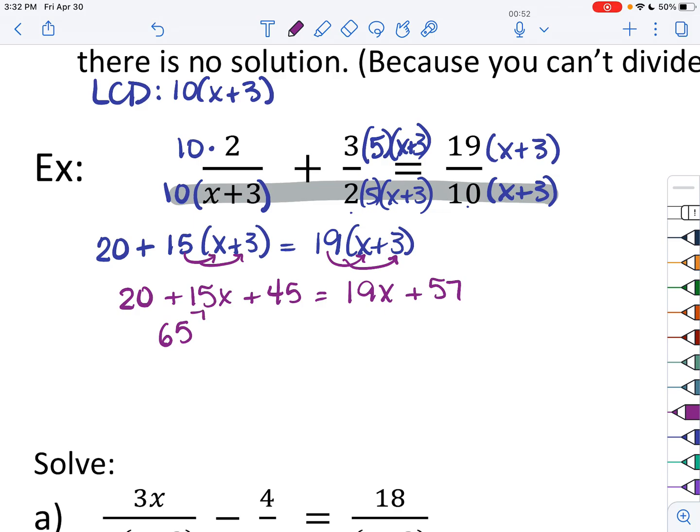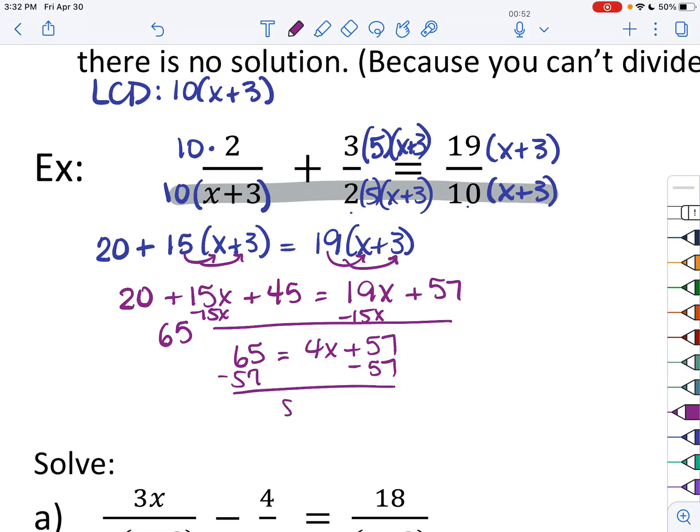And then if I take that 15x away and put it over here, I can simplify that a little bit further into 65 equals 4x plus 57. And then I simply subtract my 57, and I get x as 2. So out of that entire problem, I have an answer of x equals 2.